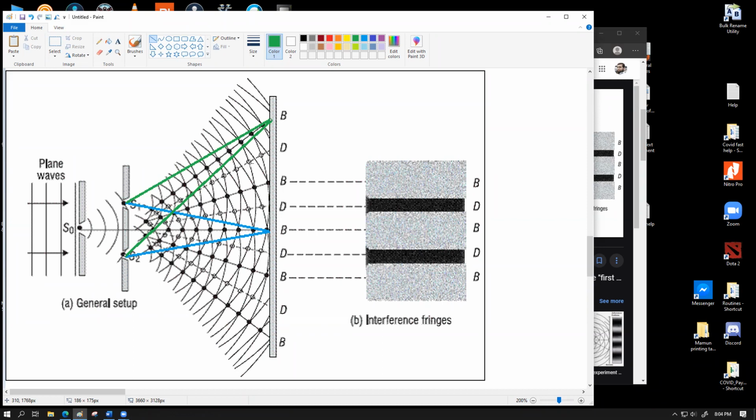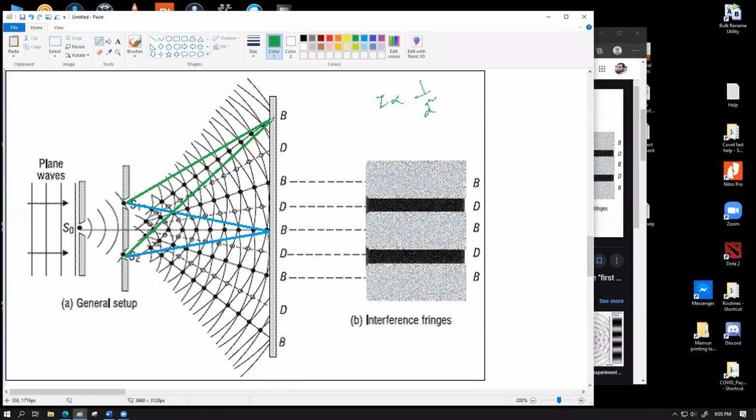The point I'm going to make is that the farther we observe away from the central maxima, light rays from the two individual sources have to travel a much longer path. This brings us to the relationship that I wrote a bit earlier, that I is proportional to 1 upon D squared, which means the farther the light rays have to travel, the intensity will become low in inverse proportion to the distance squared.